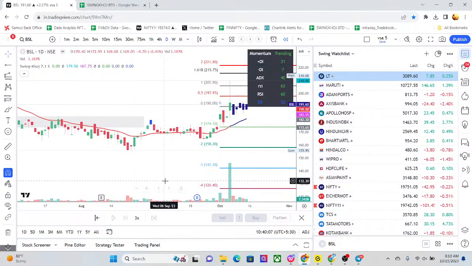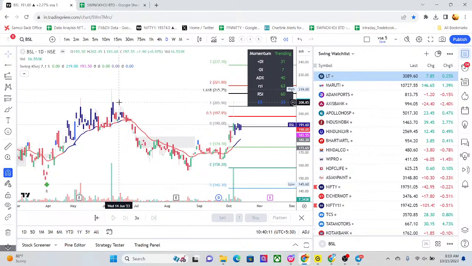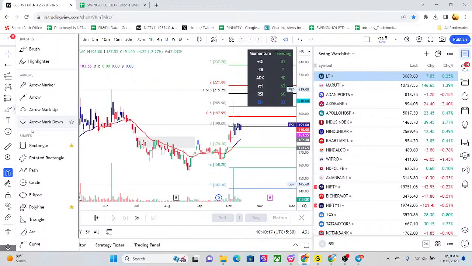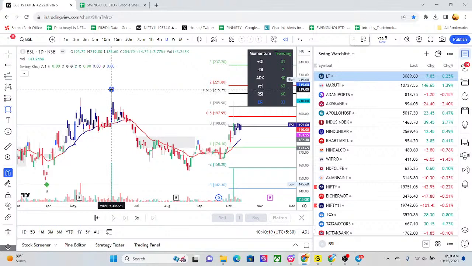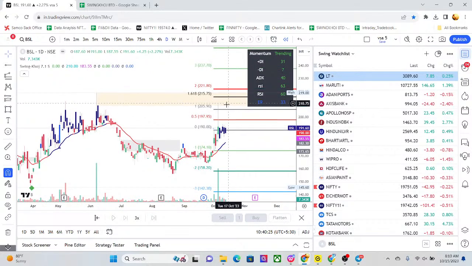So trade is running yet. We'll see if there's any resistance here. You can see some resistance. This is a resistance zone, right? So we can book here at some 1:1, that is okay.